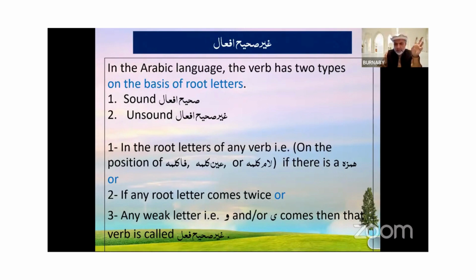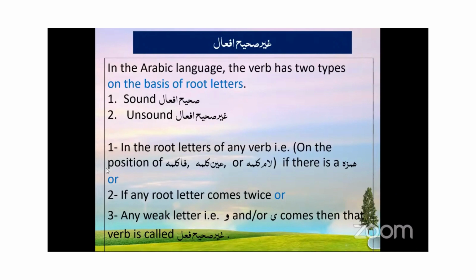Agree on that? Yes. So what are you looking for? Hamza. And can the Hamza occur on the fa letter and the ain letter and the lam letter? Possible. Anytime you see that, you're going to tell me that this verb is a weak verb. Agree?